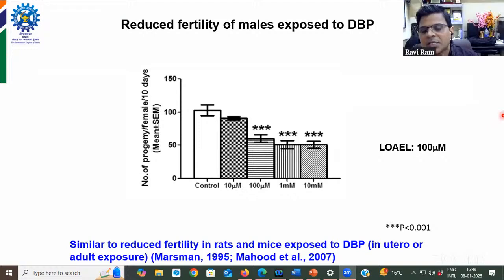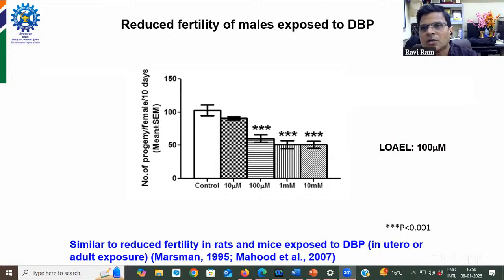This one stands for lowest observed adverse effect level. Lowest observed adverse effect level. This lowest observed adverse effect level is the concentration at which you first start having an effect in response to the chemical exposure.